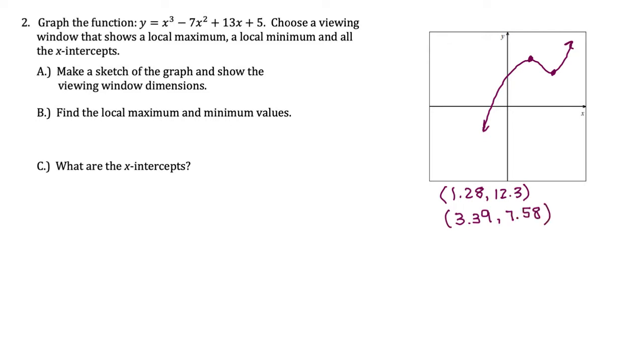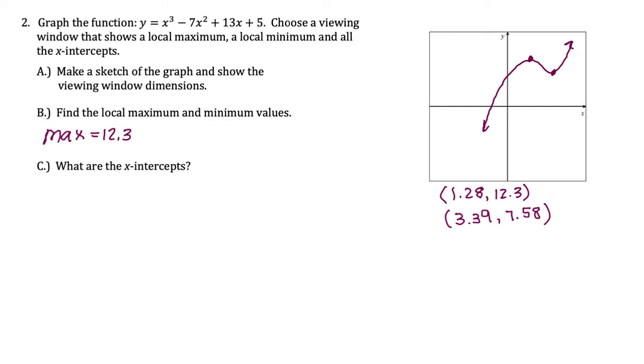And then over here to the side, it wants to know your max value, and keep in mind these are going to be your y values. Your maximum value is 12.3, and again that's the y value.